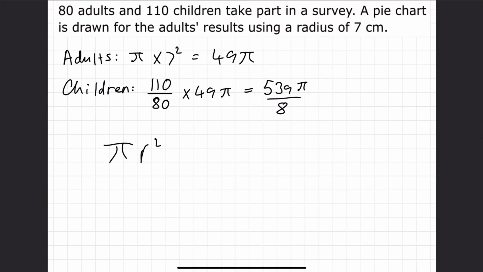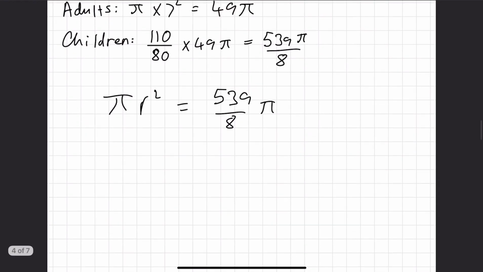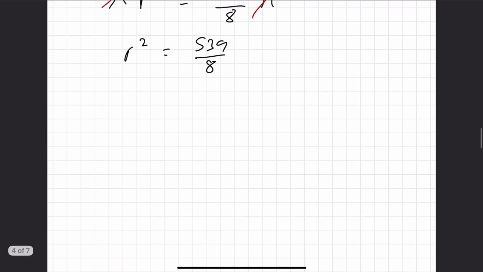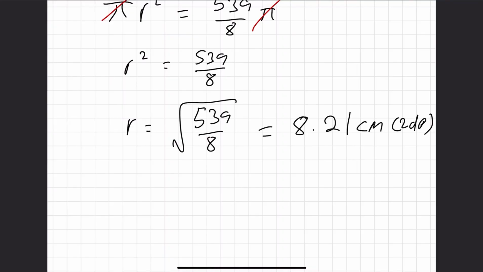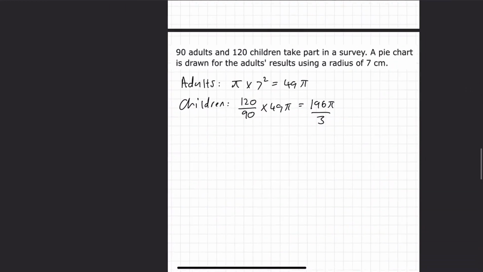Going to do the same thing over here. Pi r squared is equal to 539 over 8 pi. You cancel out your pi's. So you get r squared is equal to 539 over 8. And then you square root your answers. So 539 over 8 all square rooted. And that gets me 8.21 centimeters to 2 decimal places. Okay, same over here.